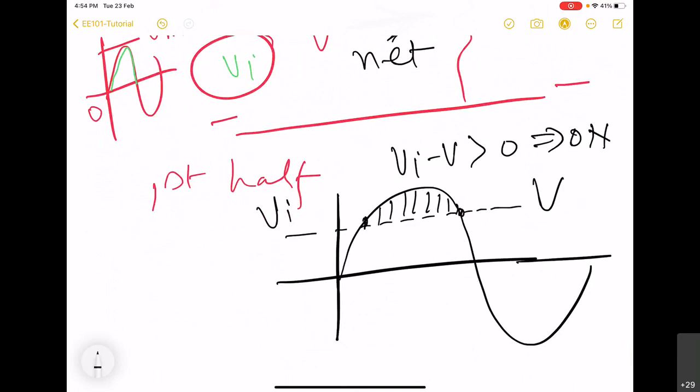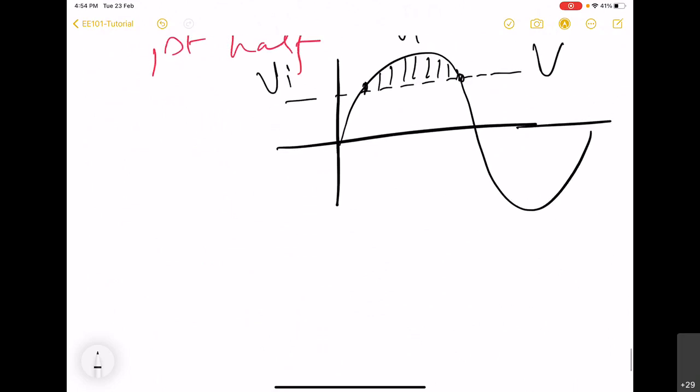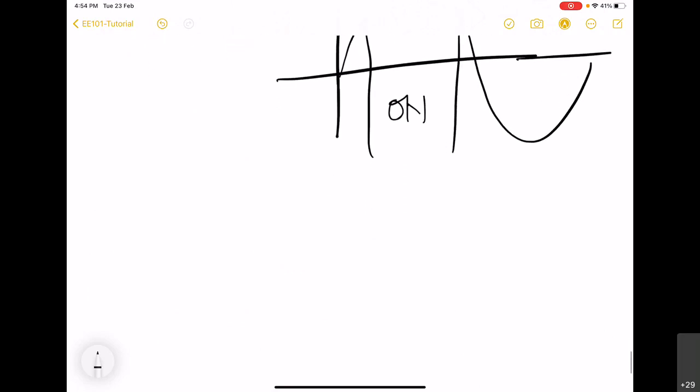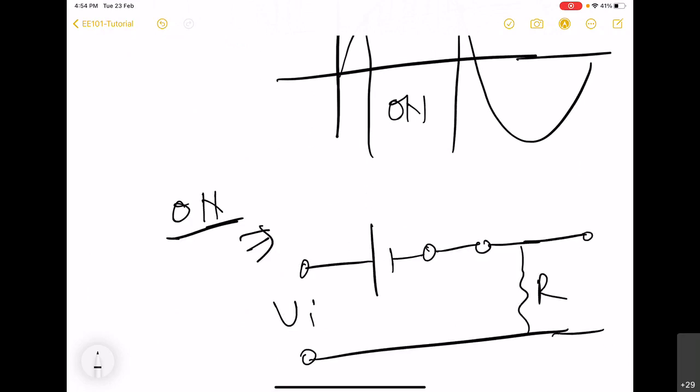right? And so now let us see what happens when the diode is on. So this is the duration when the diode is going to be on, and for the rest of the portion the diode is going to be off. So when the diode is on, this implies the diode can be replaced by a short circuit like this, and then we have our Vi here, and then we have the resistor, and then the output voltage, right?